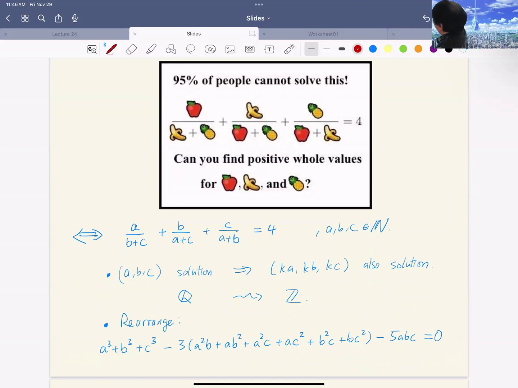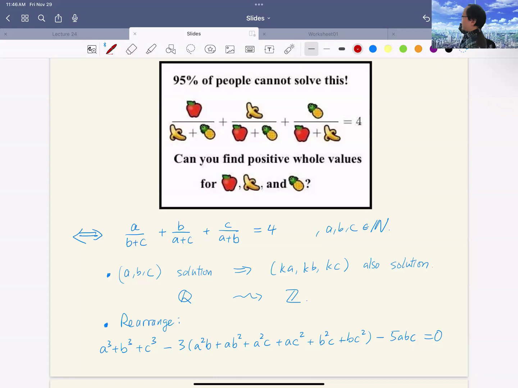Yeah, so we are asked to find integer solutions to this, but we can take one step backward. Just ask, are there even any integer solutions or rational solutions to this? First of all, if I have a rational solution, this is a homogeneous equation, so if I scale everything, I still get a solution. So if I can find a rational solution, I can just clear the denominator and get an integer solution.